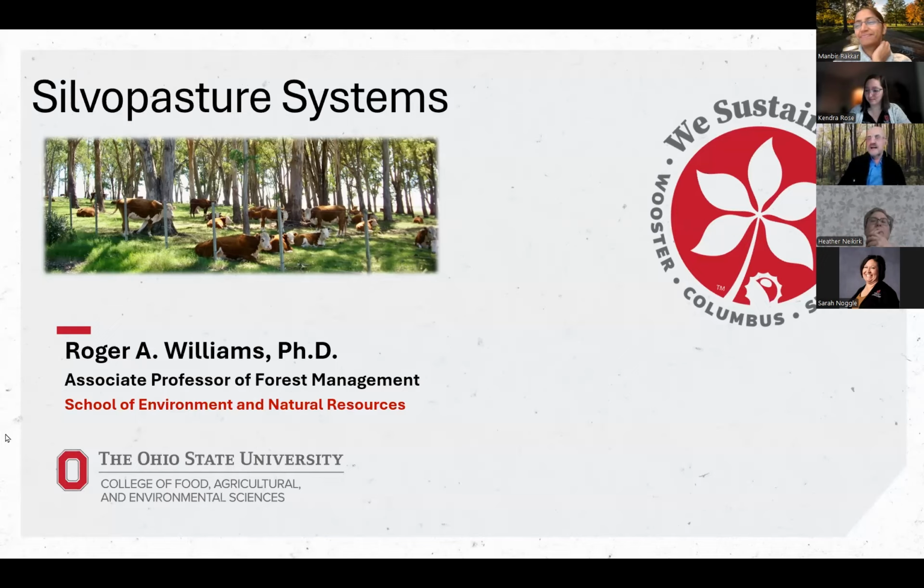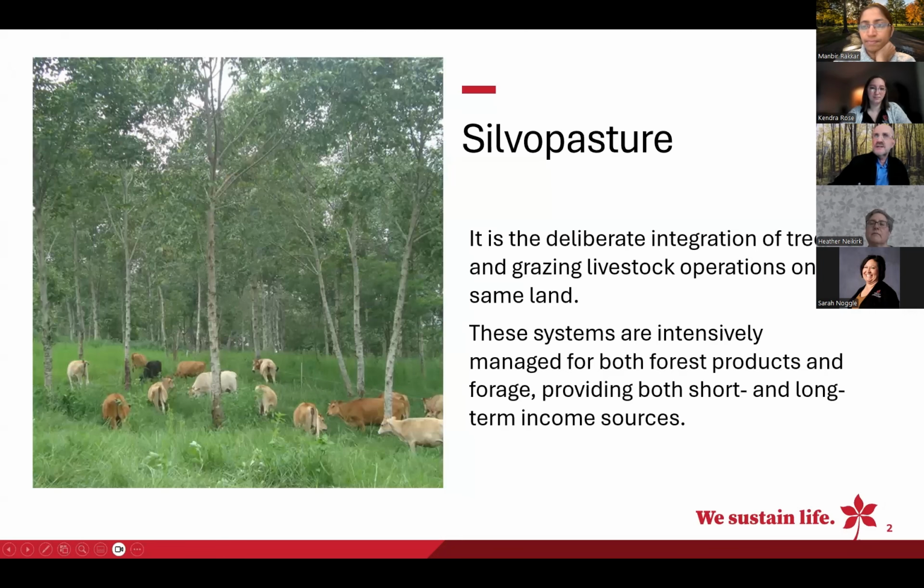But I want to just briefly go over a few things as it relates to silvopastoral systems, and some of the things that are going to be necessary to establish it, manage it, and some of the benefits of it. Okay. So when we talk about silvopasture, really what it is, it's the integration of trees and grazing livestock together on the same land.